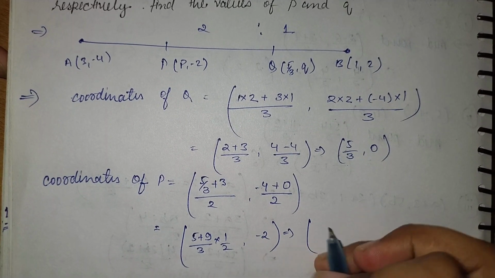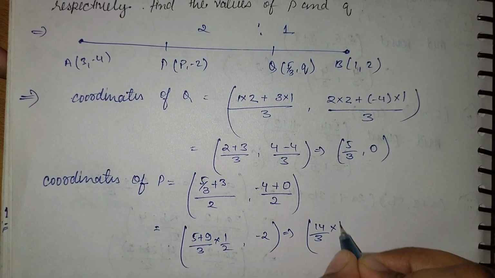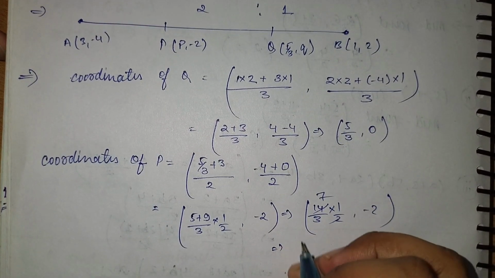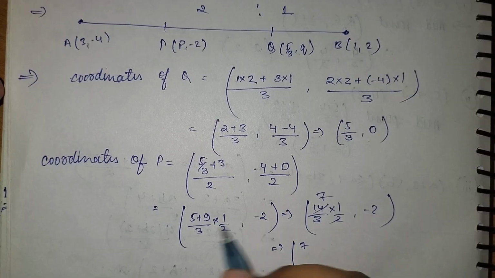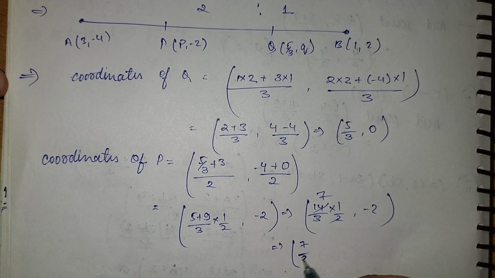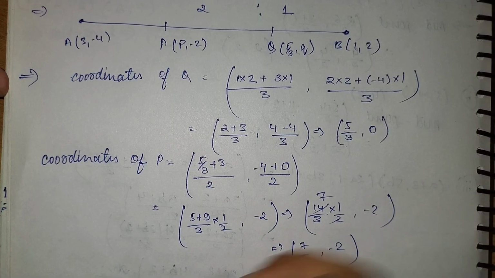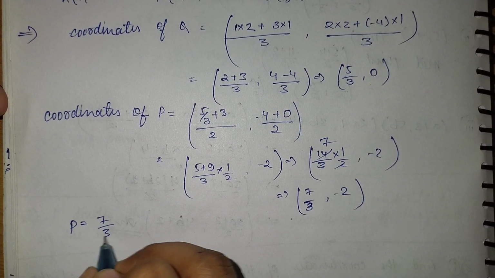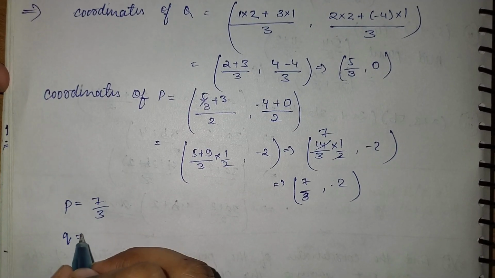So it will become 14 by 3 into 1 by 2 comma minus 2. The coordinate of P is (7/3, -2), meaning the value of small p is 7/3, and the value of small q is 0.